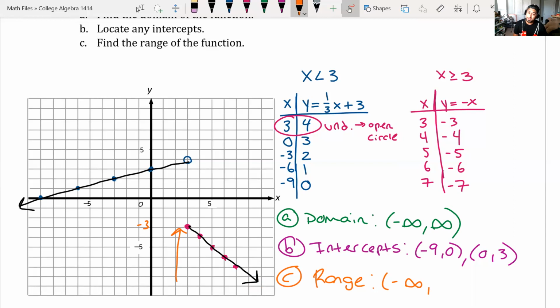But then the question is, does the function above it also exist at negative 3? So is there an x value I can plug in that will also give me a y value at negative 3? This is all going to depend on how we write our range, right?